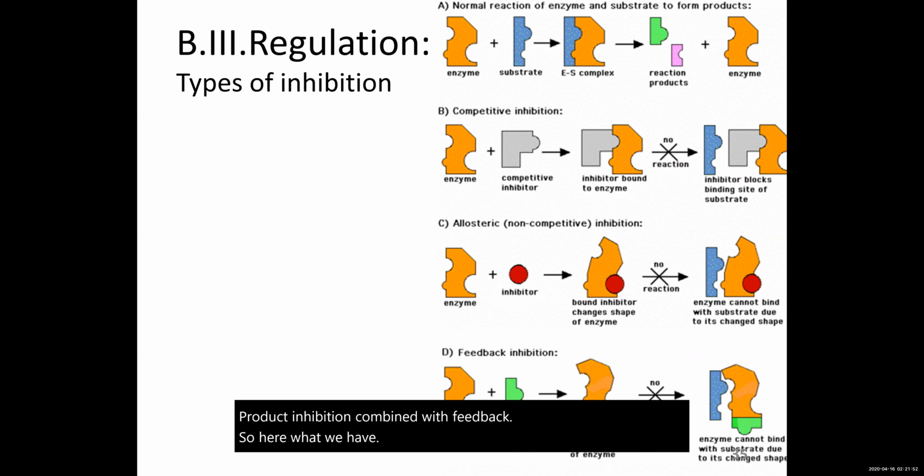For those of you who recall, the little green one on the top can come back and either feed back into a series of reactions or just interact with the enzyme itself if it's only one step, and then change its shape, also preventing the enzyme from working on that substrate, that nutrient that originally was the blue one, and preventing more product from being made. Now, typically speaking, Louis, you just asked that question. These other types of inhibition, not the competitive one, are usually referred to as non-competitive inhibition. It's still inhibition, you're just not competing for the same site.